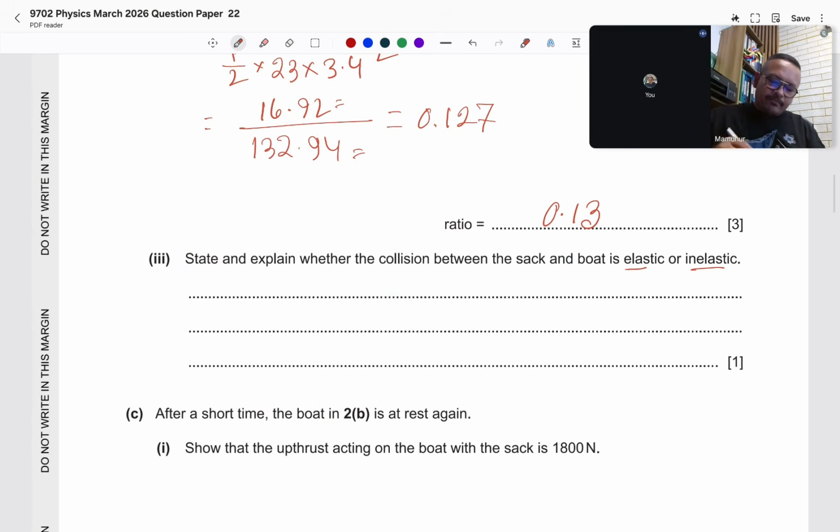So what we will write? State. First of all, we need to write here inelastic collision.